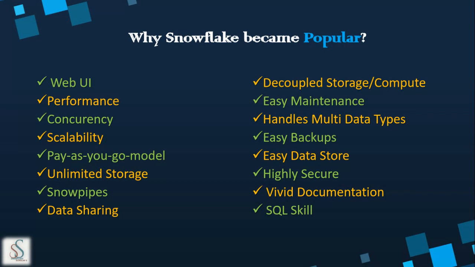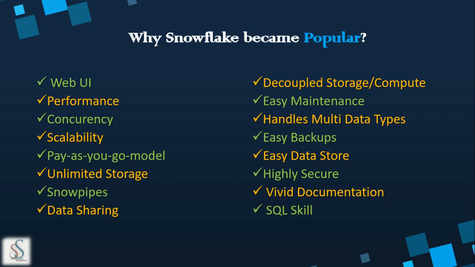And performance. Coming to the performance, if you compare Snowflake with any of the traditional databases or cloud databases, it's 10 times faster than any other database. Damn sure, strongly I can say, it executes the given query 10 times quicker than any other traditional database.